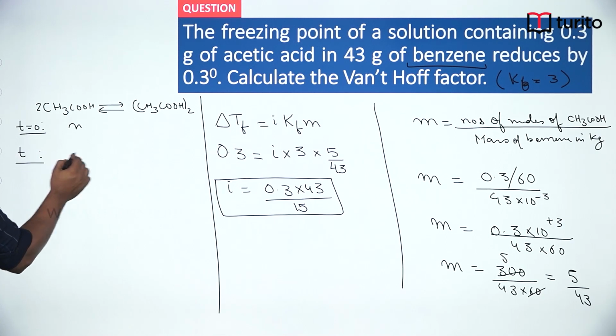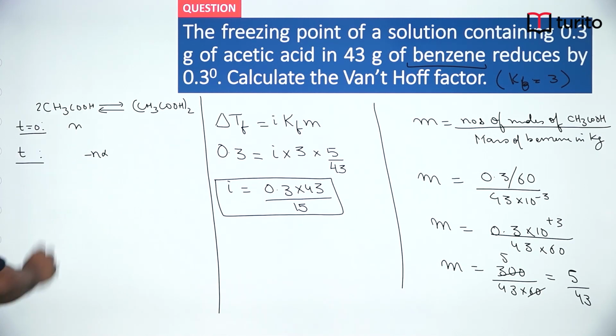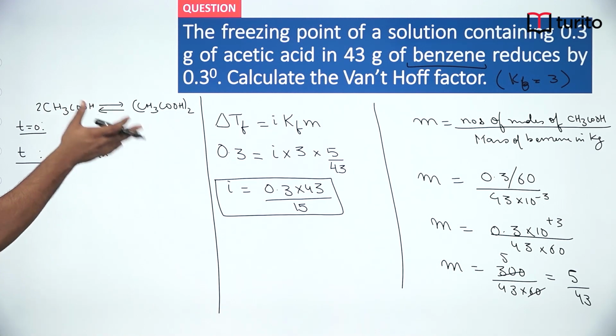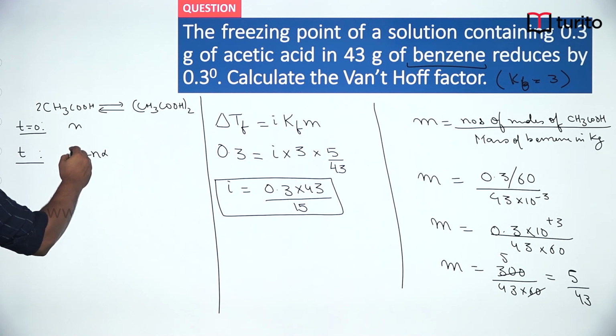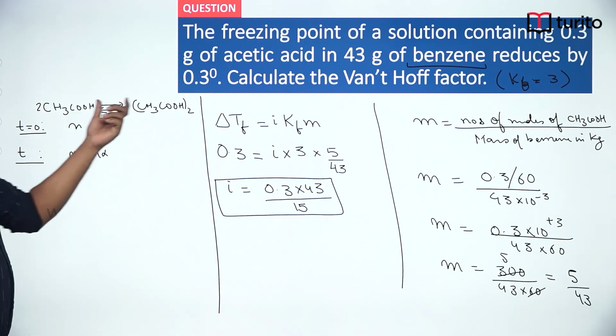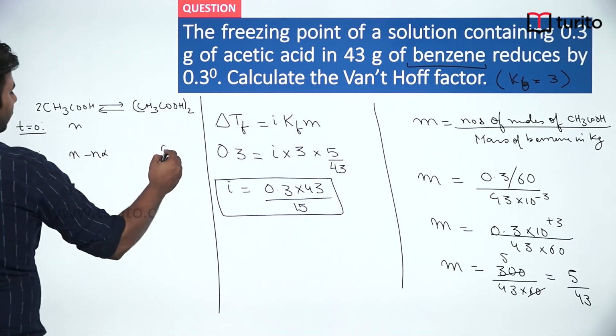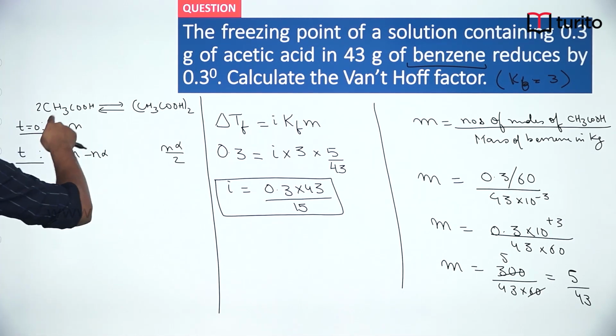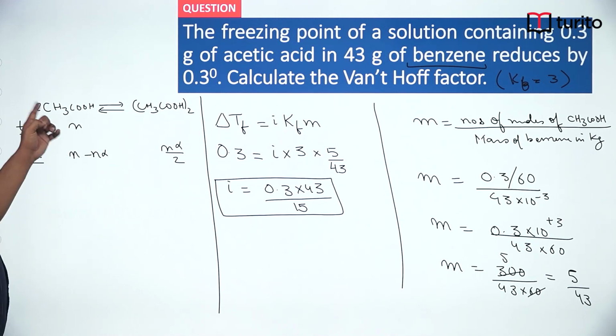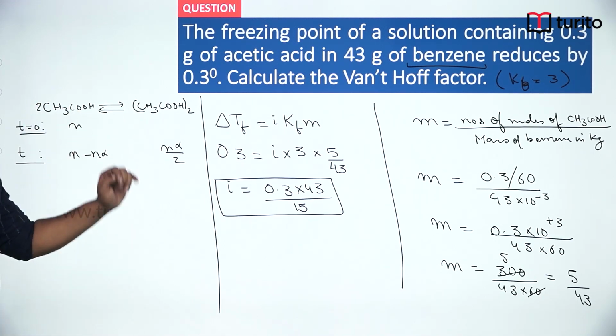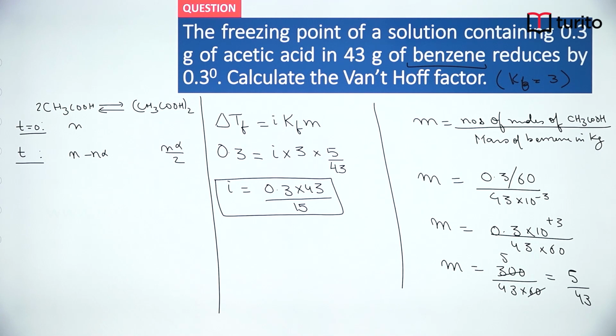Let alpha be the degree of association. So n alpha would associate. So the leftover particles would be n minus n alpha. 2 moles of this form 1 mole of this. Okay, 2 moles of acetic acid form 1 mole of dimer. So 1 mole of acetic acid would form half mole of dimer. So n alpha would form n alpha by 2.